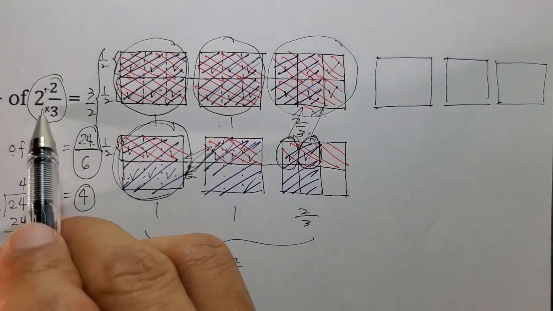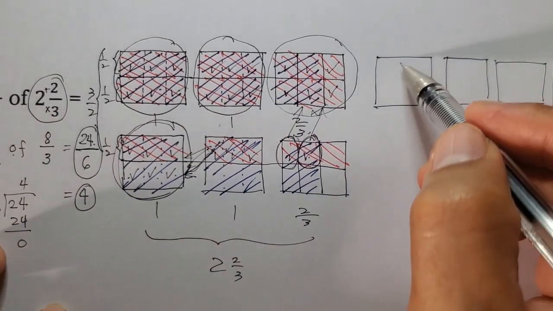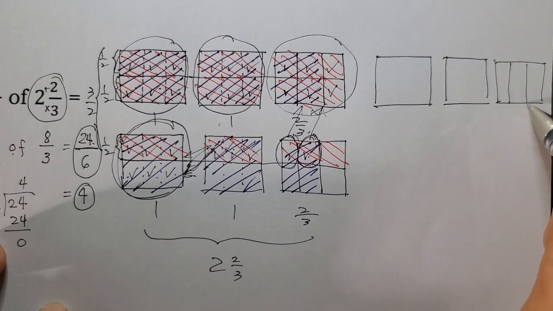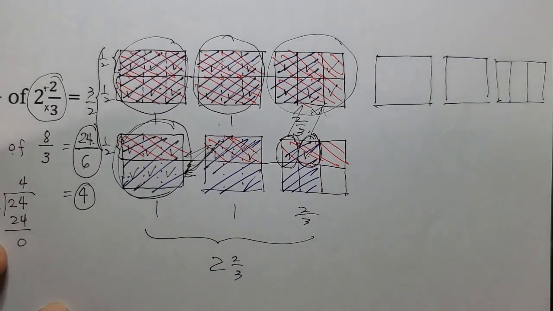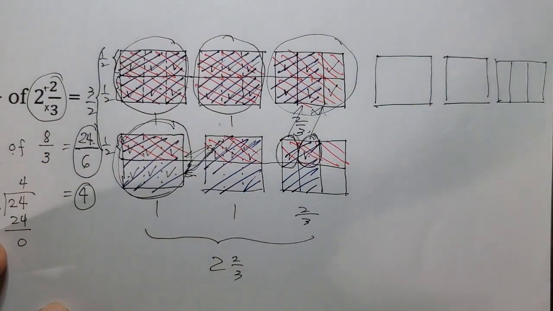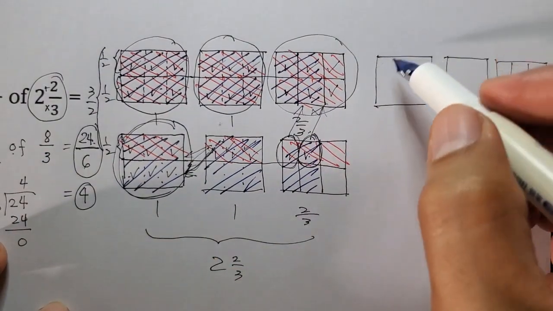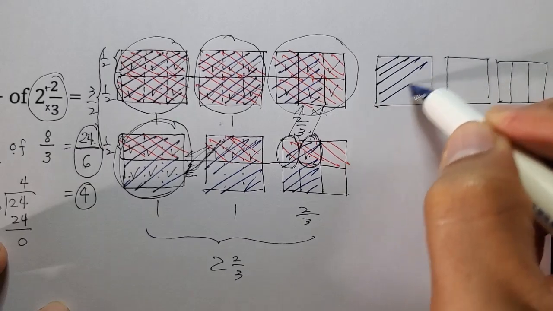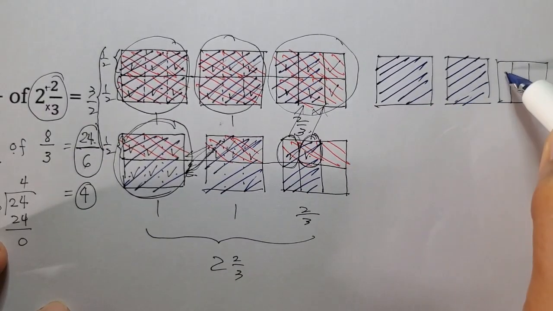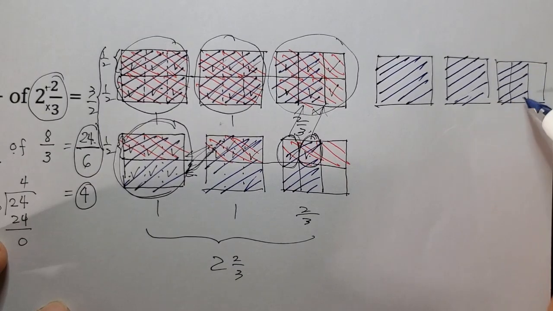So illustrating 2 and 2/3, I will have to get 2/3 here. And I will shade the whole here. Of course, I will shade one whole here. And another one whole here. And there's the 2/3. Okay, that's 2 and 2/3.